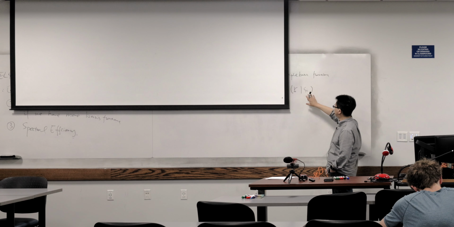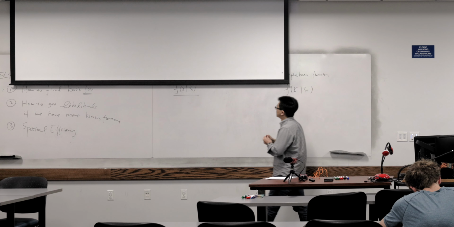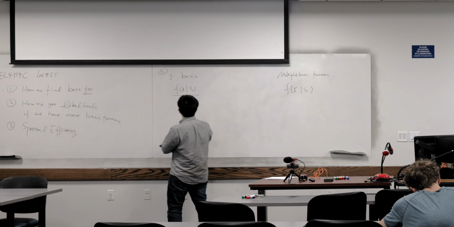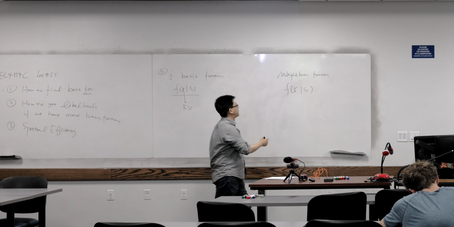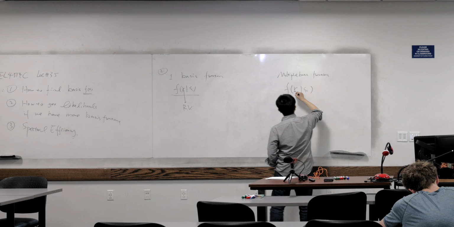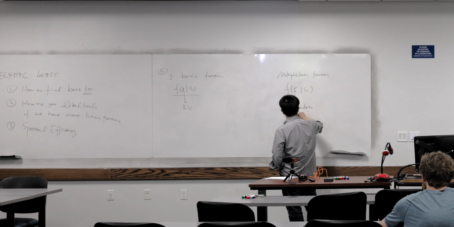So this is what we have shown here. This R has only one basis function, so R is a scalar, a random variable. But for this R, this is a random vector.